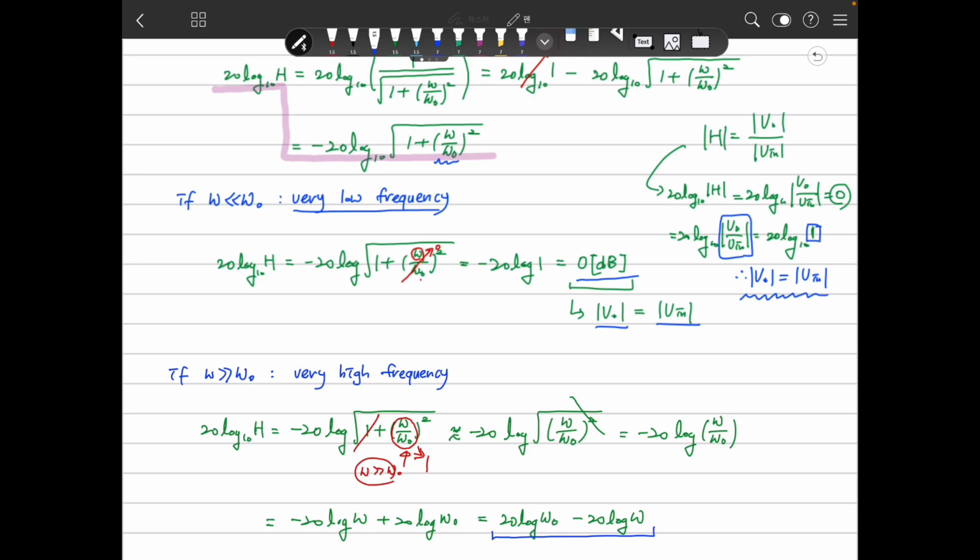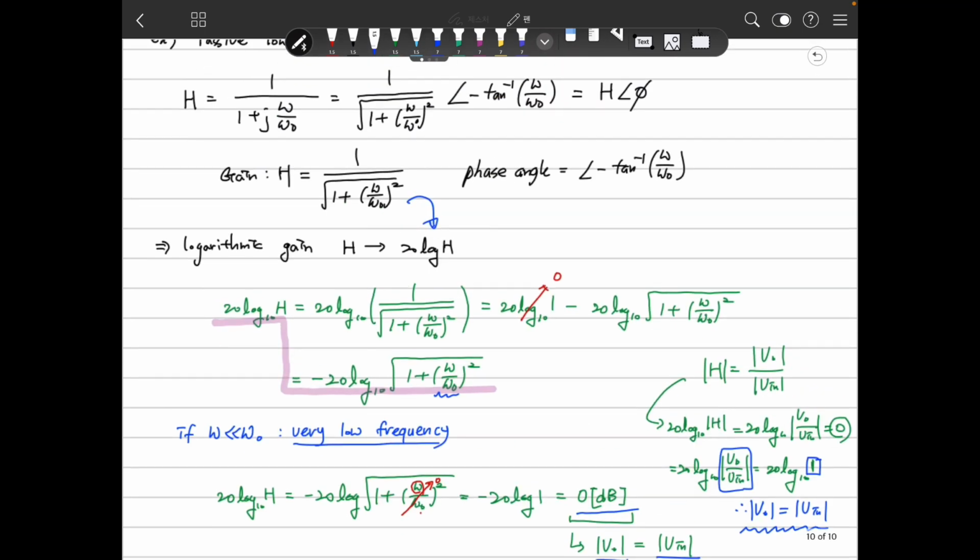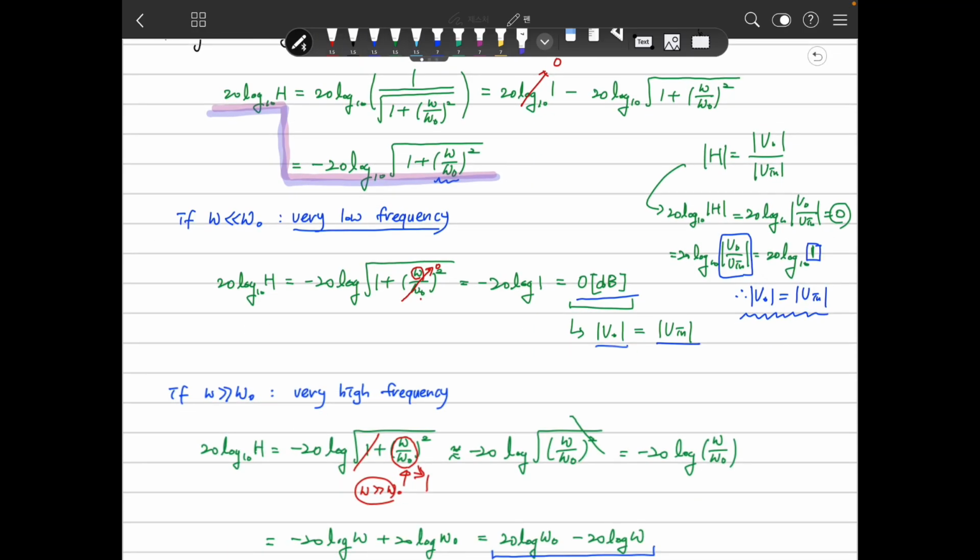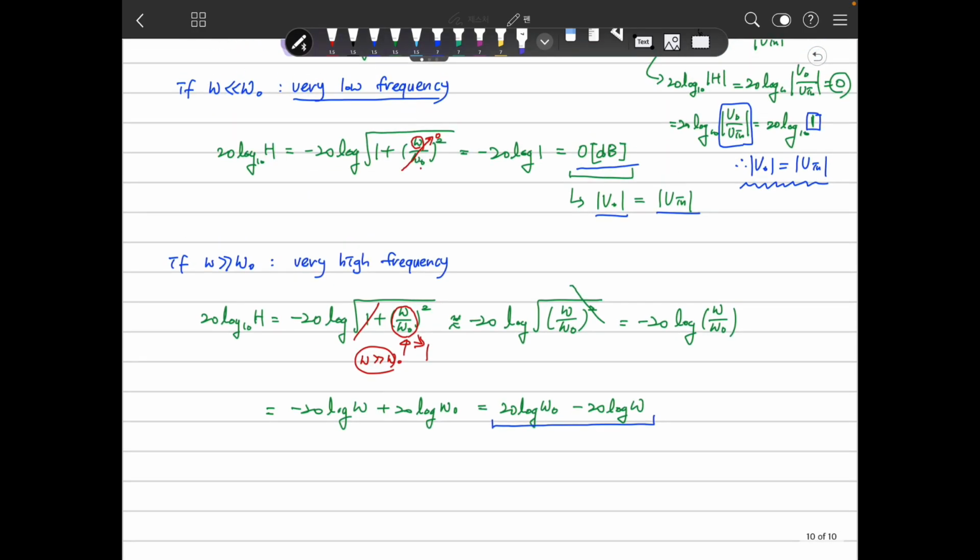In this case, we have these forms. Then we can transfer to the log scale in this manner, but it looks very complicated, so we cannot draw the function directly.